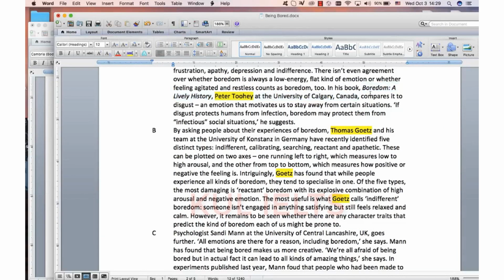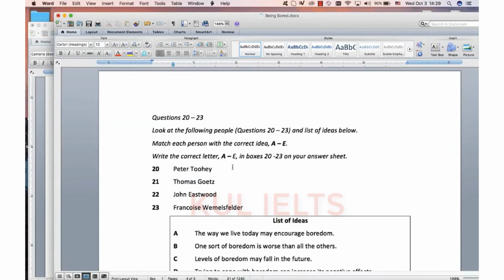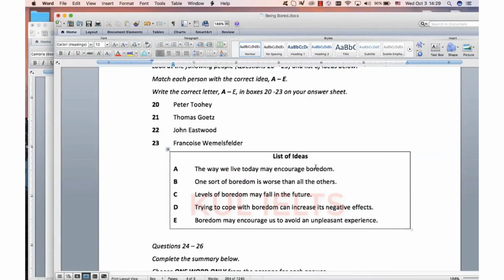They introduce the person. He compares it. What is it? It is boredom, to disgust, an emotion that motivates us to stay away from certain situations. If disgust protects humans from infection, boredom may protect them from infectious social situations. The way we live today may encourage boredom? No. One sort of boredom is worse than others? No. The future?